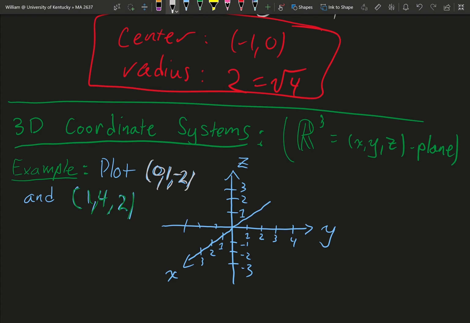For the first one, it's the XYZ plane, so I still read the coordinates: first coordinate is X. So I'm not moving out of the screen at all, I'm sticking here. My next coordinate is Y, so I'm at Y = 1, and then -2, so I move down 2. And that would be my point right there.